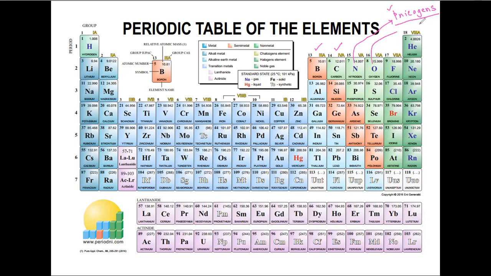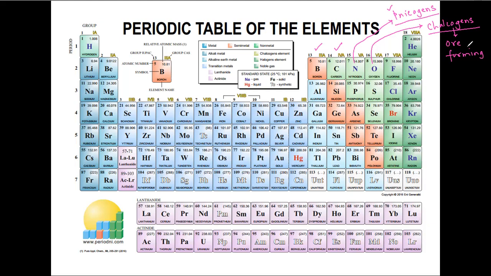Coming to 6th A or 16th group, we call them chalcogens. Chalcogens are nothing but ore forming. Ore is a mineral from which a metal is extracted conveniently and profitably. Generally, the metals and the non-metals are extracted from their minerals.